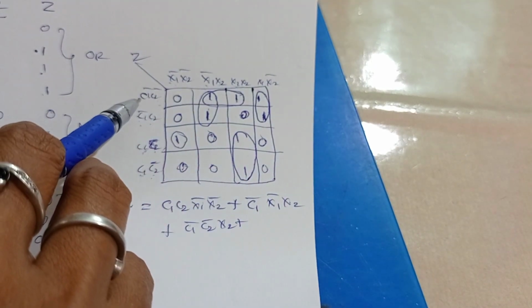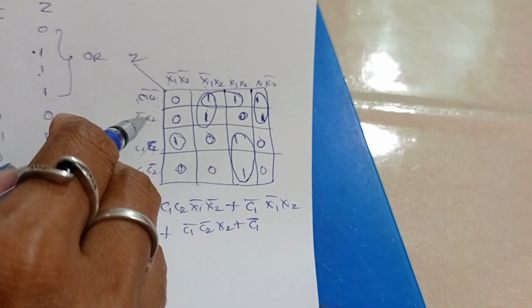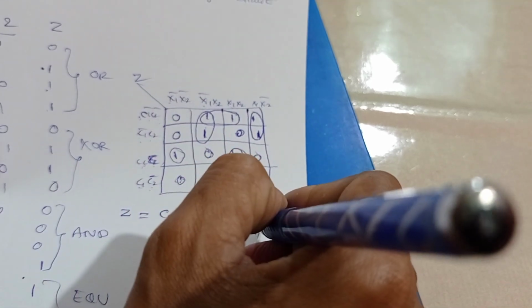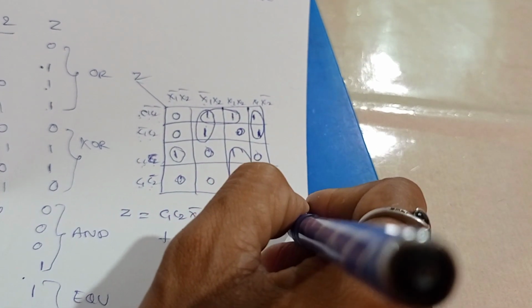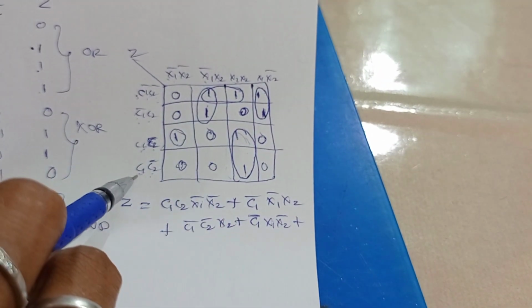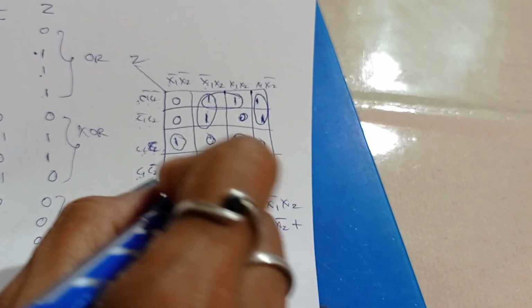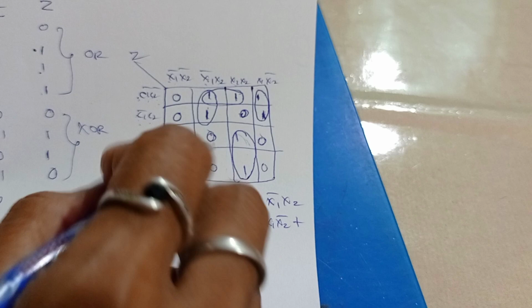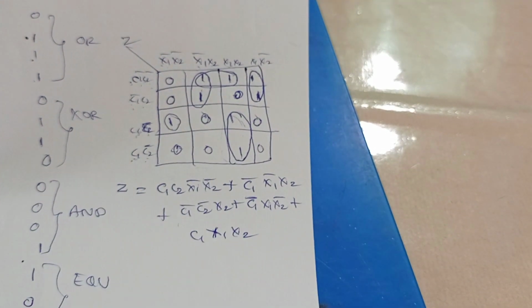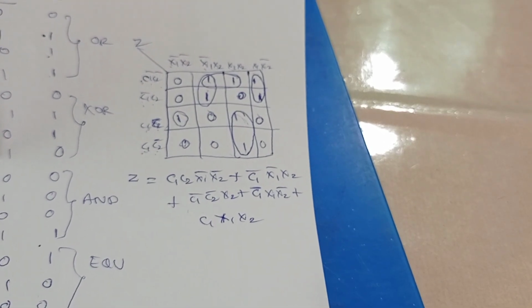Here again C1 bar is constant, so write C1 bar and C2 is changing, eliminate. And here X1, X2 bar is constant: C1 bar, X1, X2 bar, plus from this pair C1 is constant, C2 is changing, so write C1, X1, X2. This is the final realized minimum SOP.